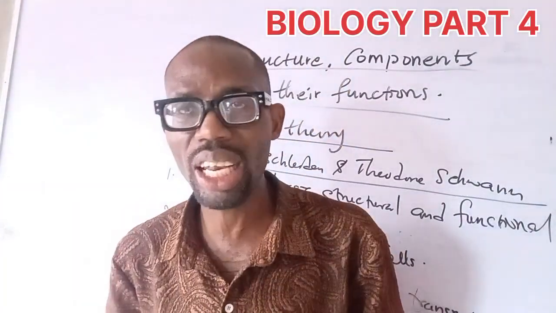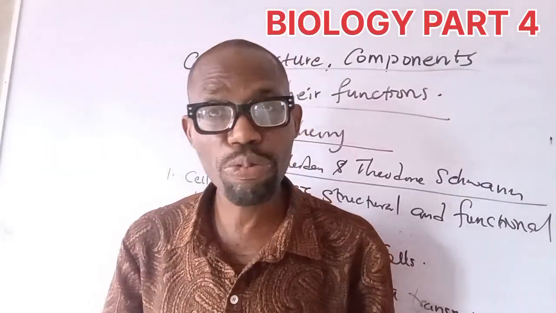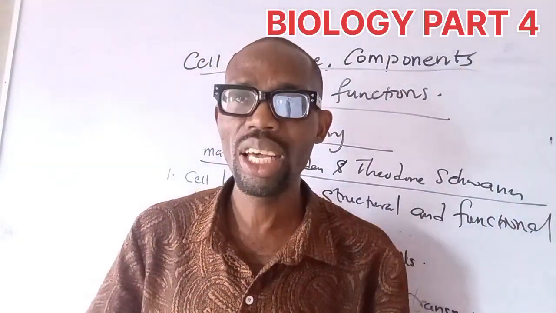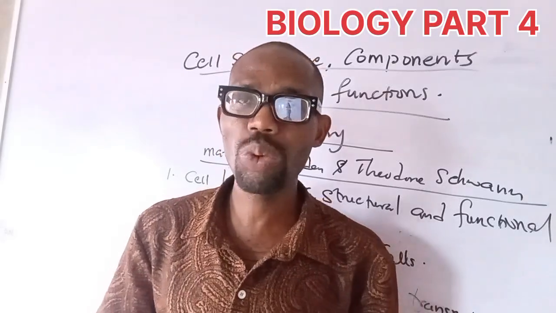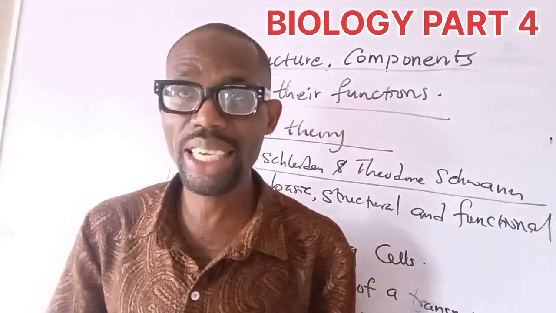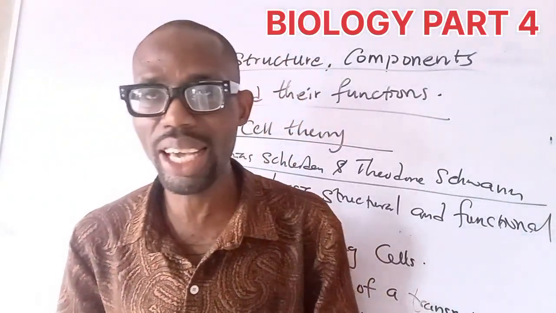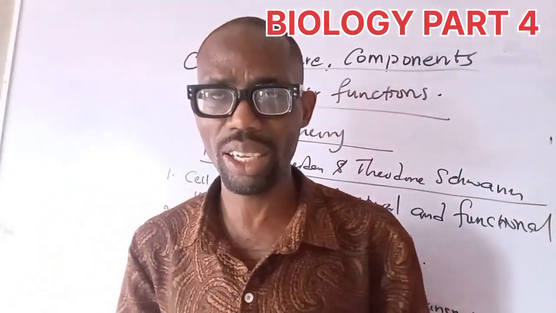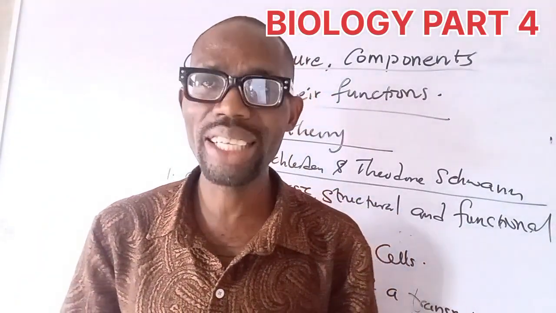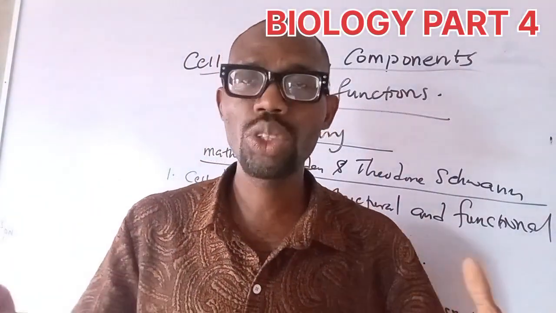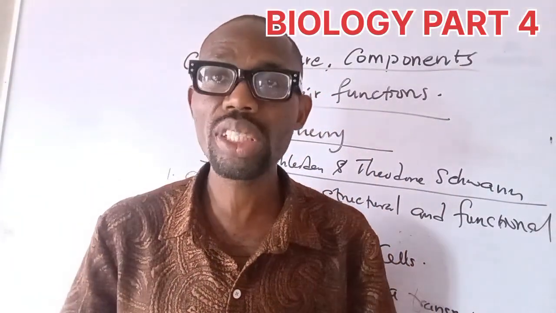And we also looked at Rudolf von Virchow, who talked about cell giving birth to cell, previously existing cell, 1855. And then we looked at Matthias Schleiden, who discovered cell in plants, 1838, and Theodor Schwann discovered cell in animal, 1839. And they both came together in 1839 to give us what we call the cell theory.